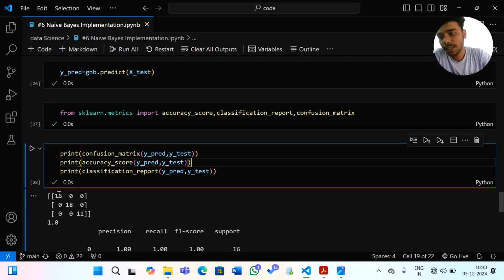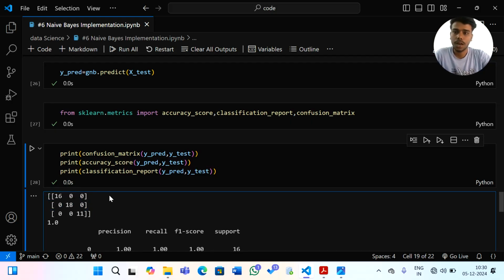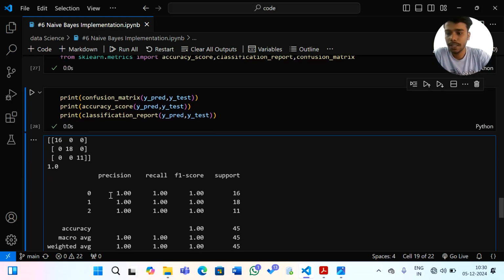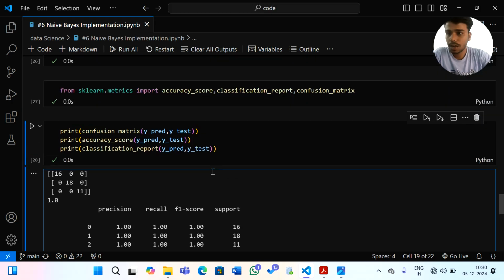Here we can see the confusion matrix. It is of 3x3 size because our output has 3 classes, 0, 1 and 2. The precision for 0 is 1, which is quite good, and for 1 also it is 1. The accuracy is also 1, which is good. So this model is trained very well.